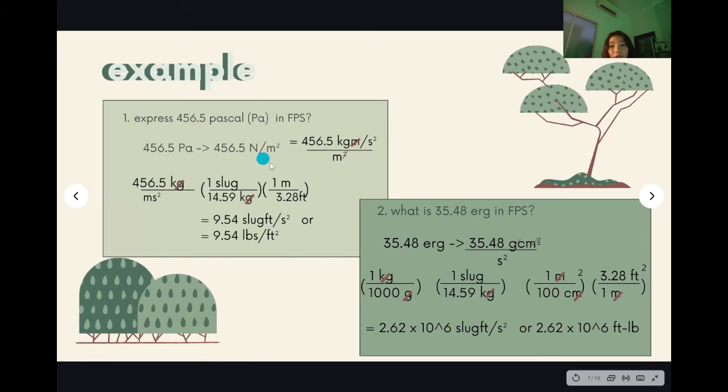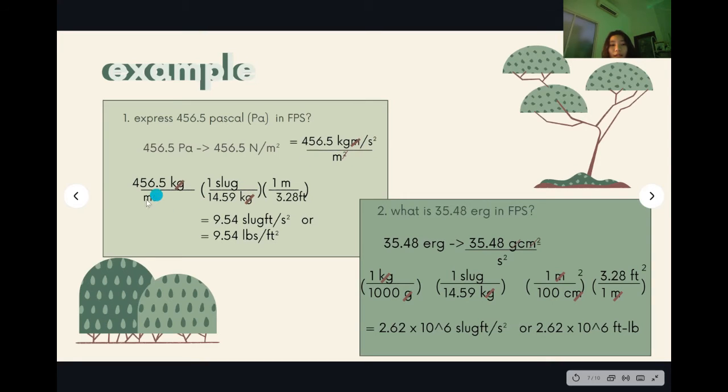Because the m squared here is a distance and doesn't have any other units left, we use m squared. This could be simplified as kg over m s squared, because this m squared could be cancelled with this m, so it will be just m left, and this s we move down here, so it will be m s squared.